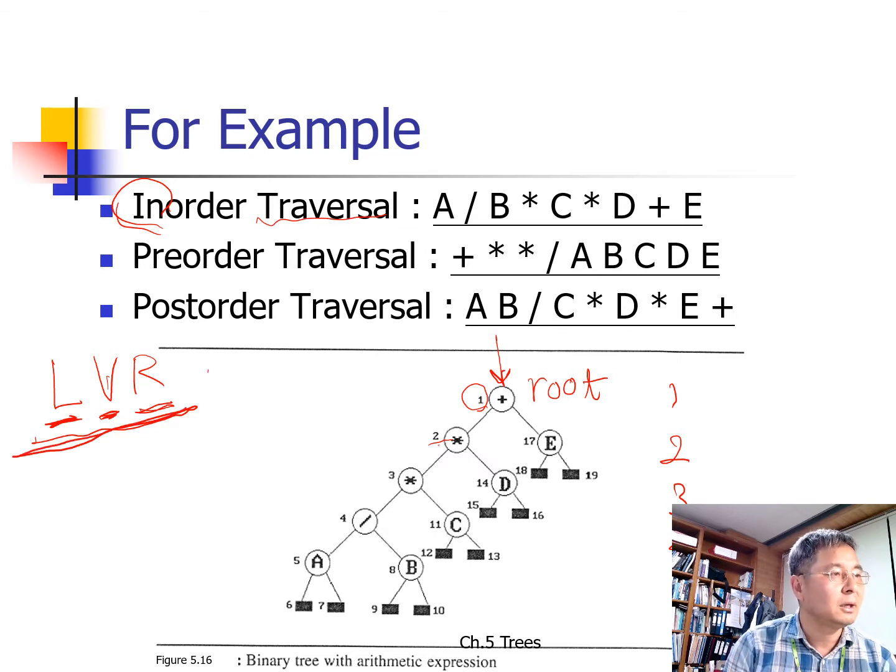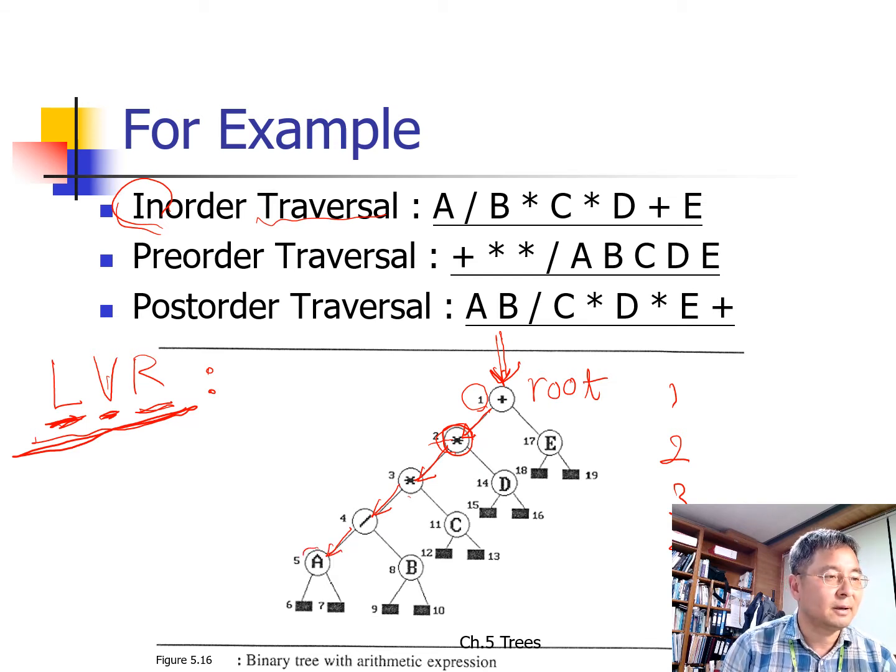If we select LVR and start from the root node, then we must go left first, and at this node we will also go to L first rather than V, go to L first and go to L first.